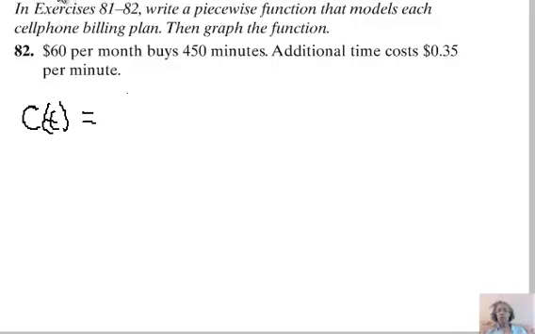Additional time costs 35 cents per minute. So that basically means the cost is $60 if t is between 0 and 450.